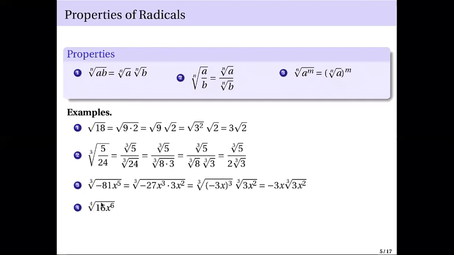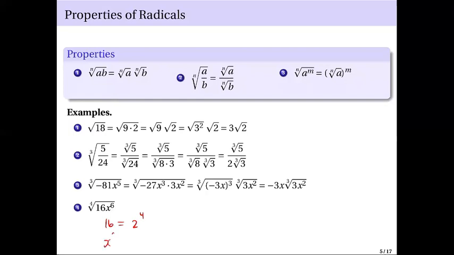Okay? Next, we have the fourth root of 16x to the 6. And then our 16, you can write it as 2 to the fourth power. While your x to the 6, you can write it as x to the 4 times x squared. So 16, this is equal to 2 to the fourth power.